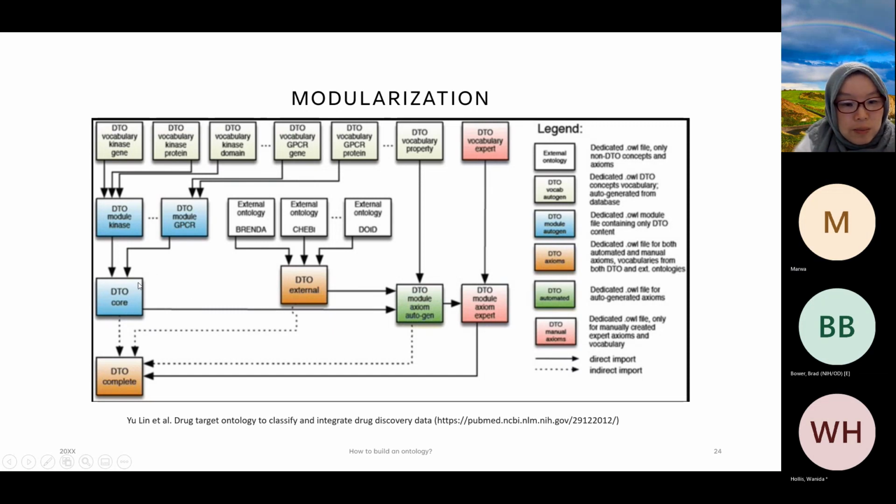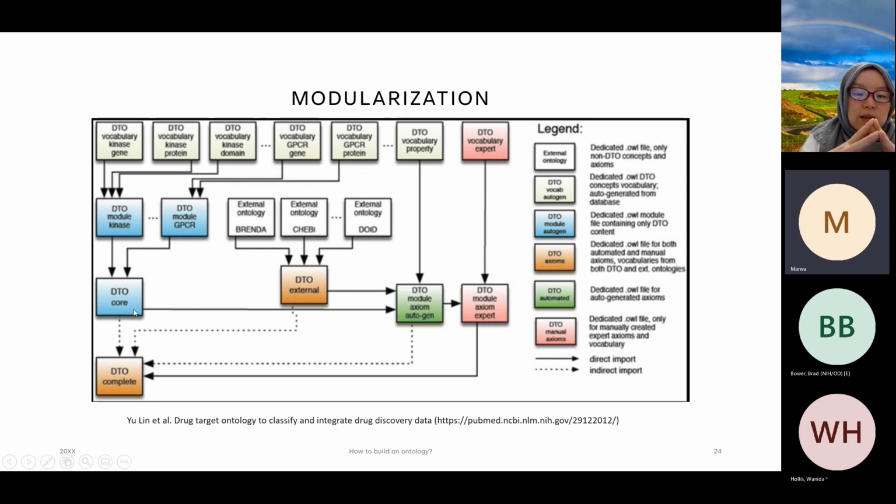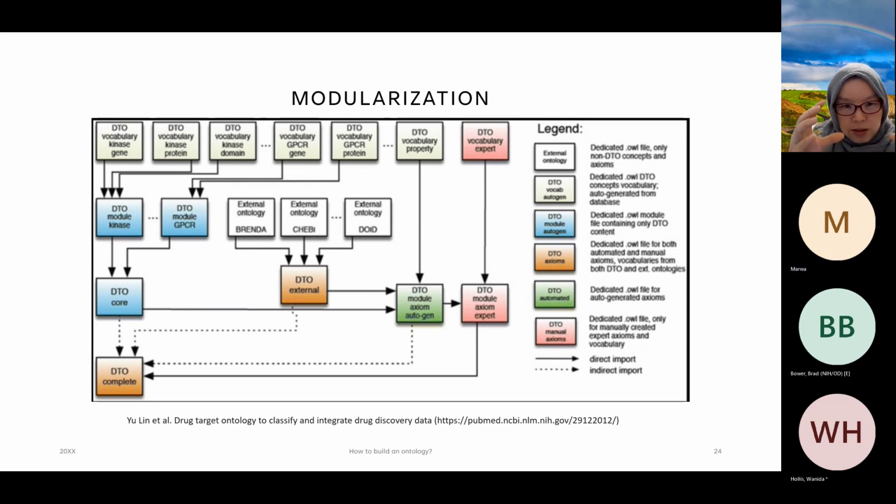And we do the same for the other modules. And then we import them into the core, because for one drug target ontology, it's not only about those 4 categories of drug target. It has to relate with a lot of other things, for example, disease or enzyme.